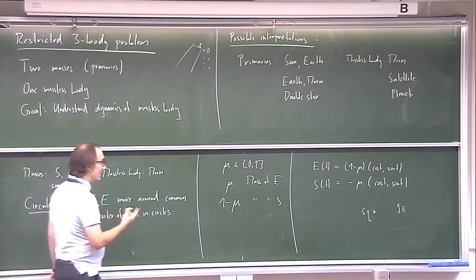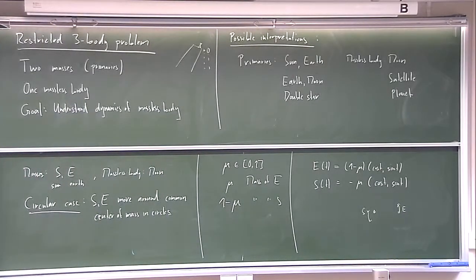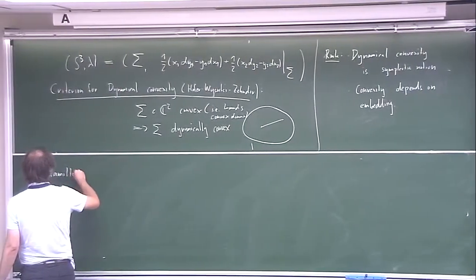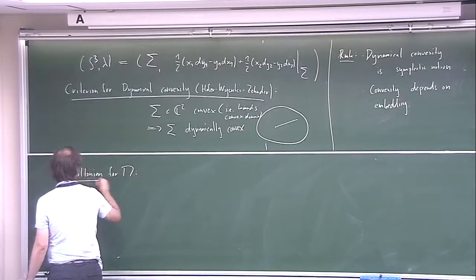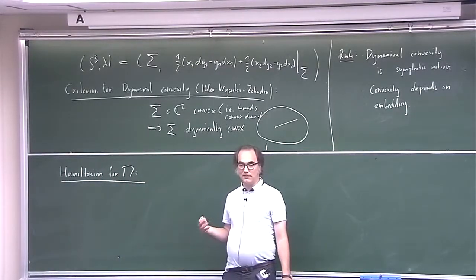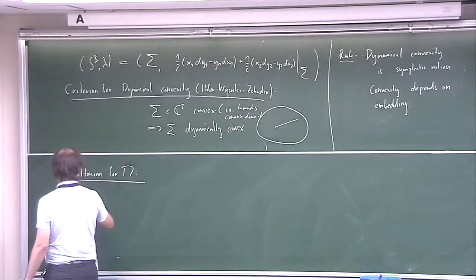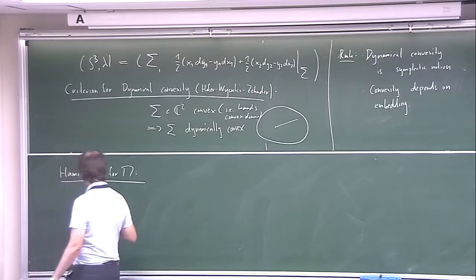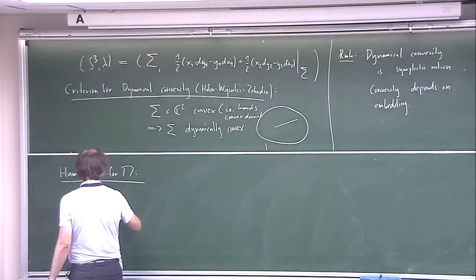And then what is the Hamiltonian for the Moon? The Hamiltonian is just kinetic plus potential energy. So we have H, where q is the position and p is momentum.